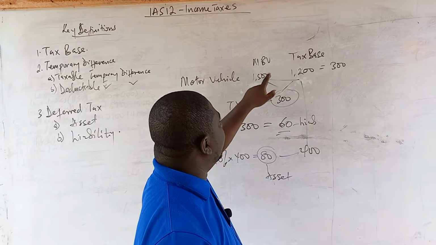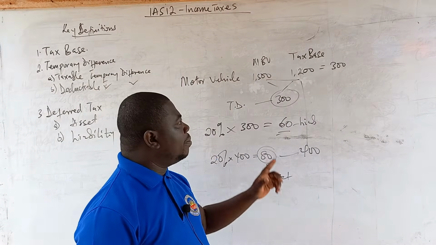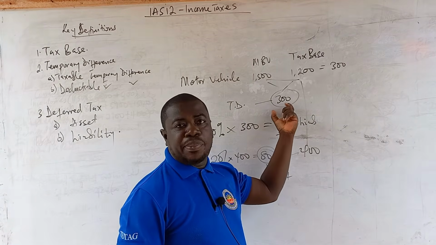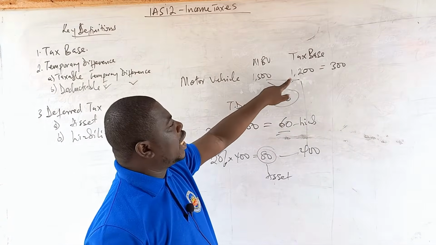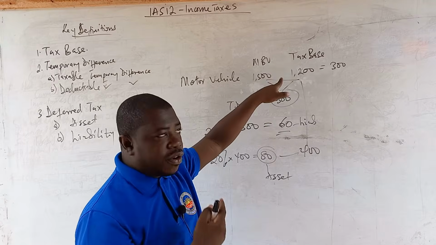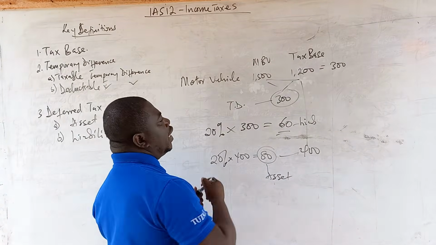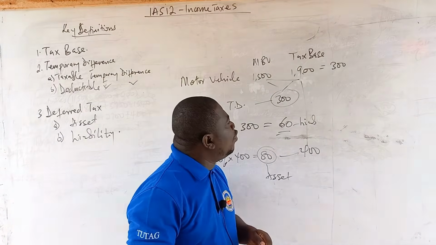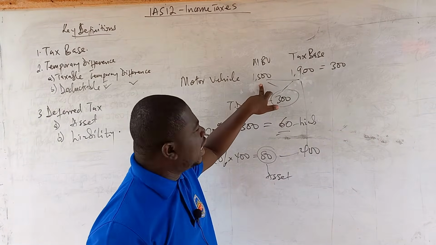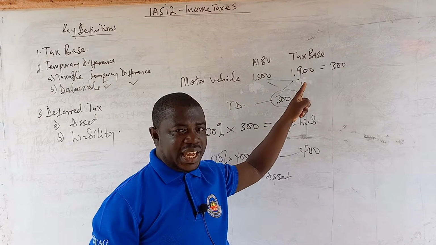And so if the carrying amount of the asset is more than the tax base, then the difference, when we apply the tax rate on it, will result in a deferred tax liability. Because in future, when the full 300 is recovered, they will still come back to us for tax on that. However, if they rather overstate it, 1,900, and we say it should be lesser than that, 1,500, they are going to charge tax based on this 1,900.